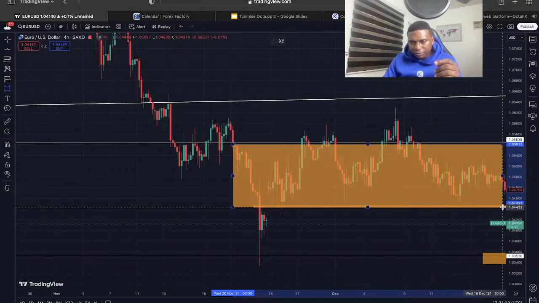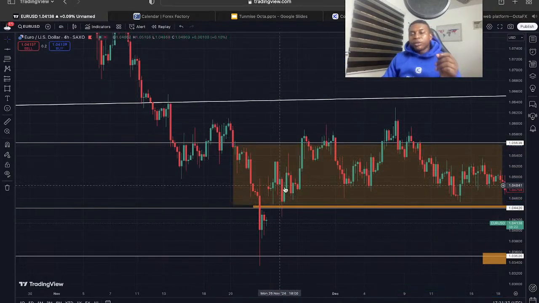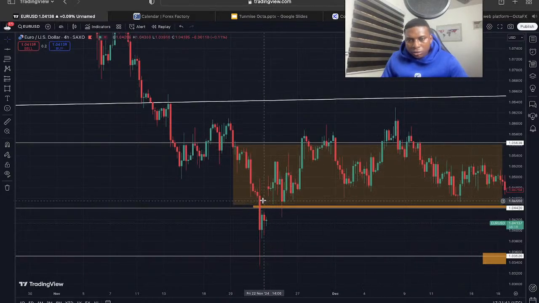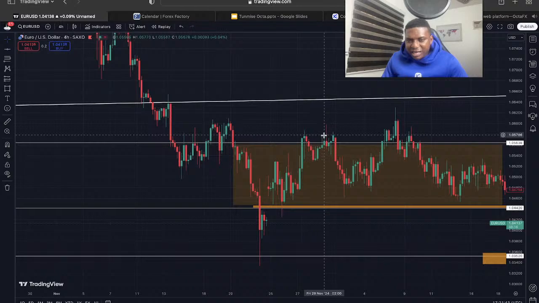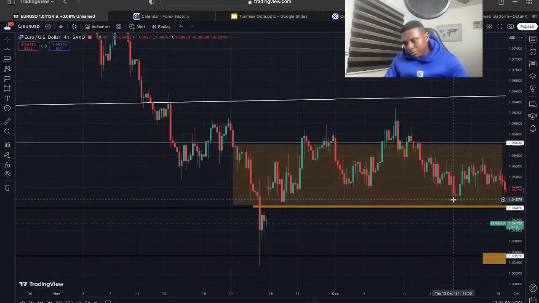Can you see? Okay, good. So you can see that there's a consolidation at this level, right? And we can see here that this level had been going up, coming down, going up, coming further down, right?